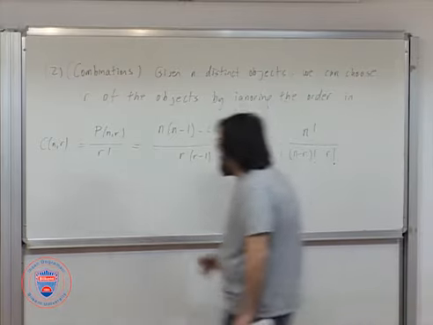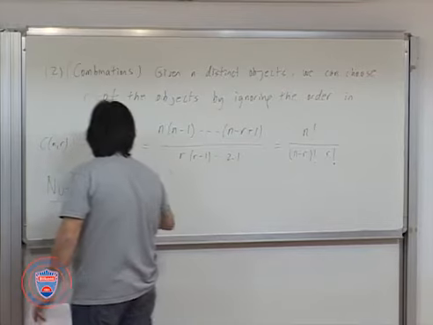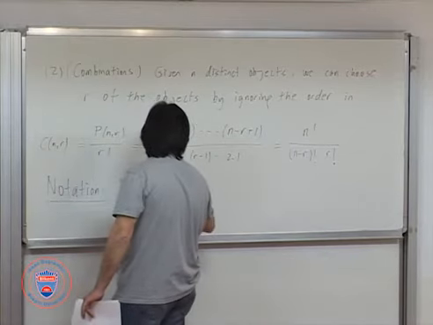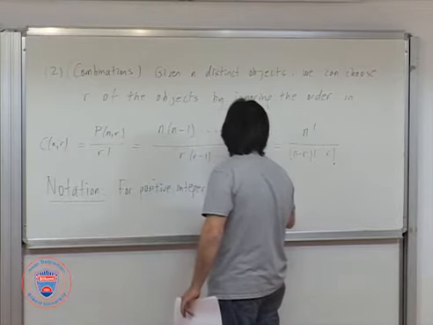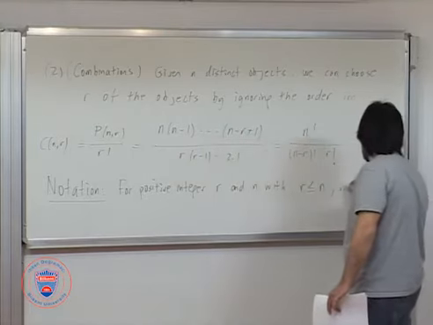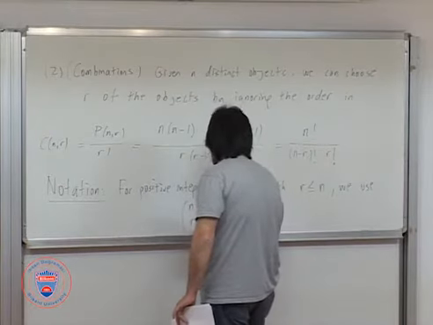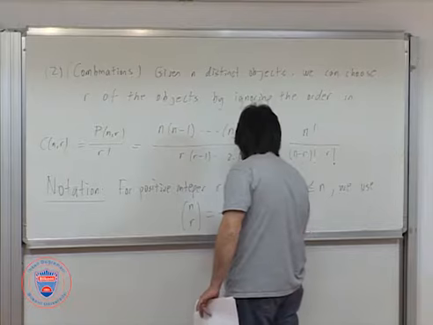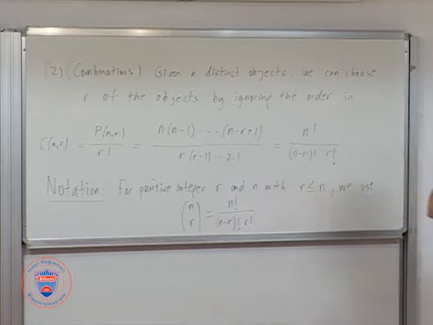In fact, we can introduce notation for positive integers r and n, with say r less than n: n choose r is going to be this thing. There are a couple of special cases, like n is 0 and so on.